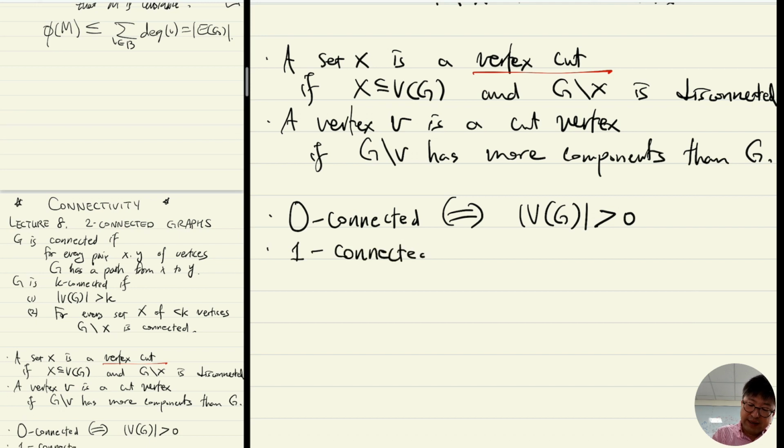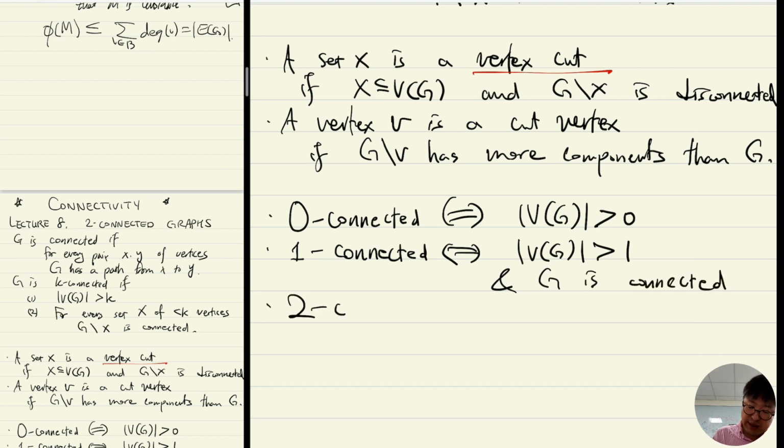What about 1-connected? Well, now it has to have more than 1 vertex, and any set of size less than 1, so you don't delete anything. So G is connected.